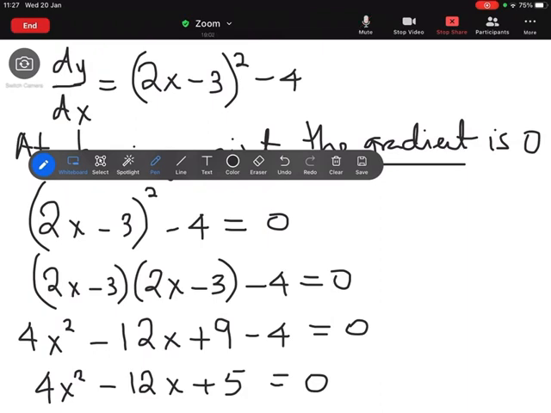So depending on whichever method you will use, you will find that the first value of x is going to be 5 over 2, or 2.5, that's correct, or x equals a half.